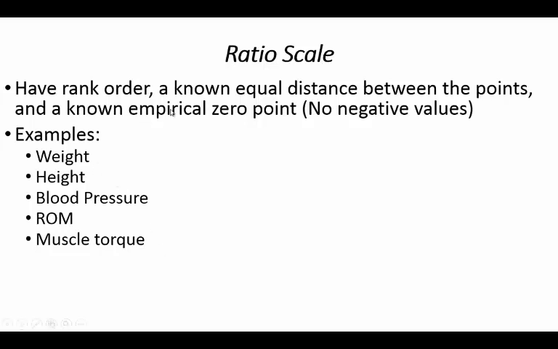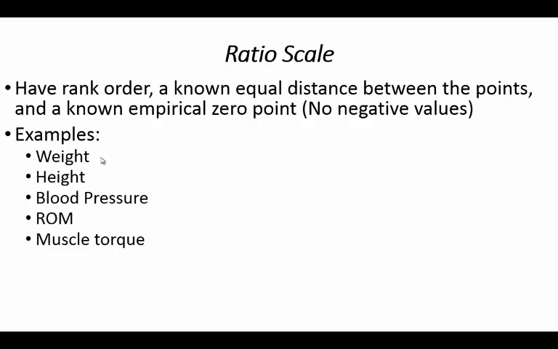So it has a rank order. It has an equal distance. For example, if somebody's weight is 70 kilograms and somebody else's weight is 140 kilograms, then this person is twice as heavy as the other person.